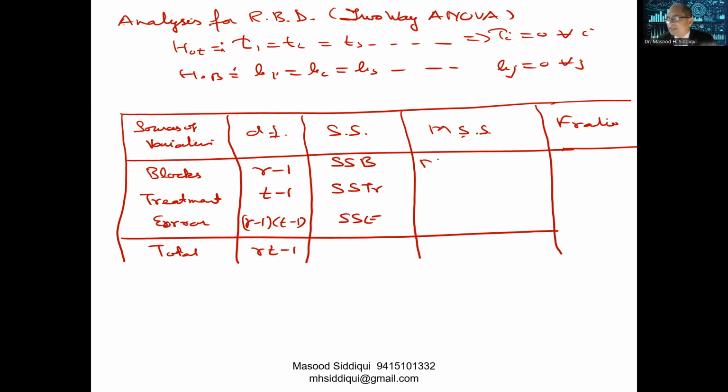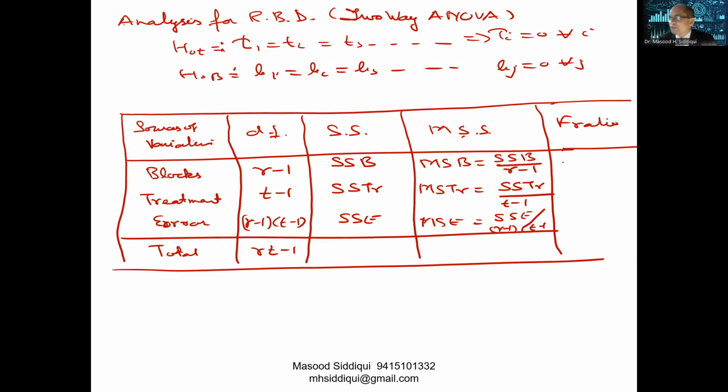And here we can have MSB, that is SSB divided by its degrees of freedom, R minus 1. We have MSTR, that is SSTR divided by T minus 1. The last one is MSE. This is SSE divided by the corresponding degrees of freedom, (R minus 1) into (T minus 1). And for the variance ratio, we have F0T, that is MSTR divided by MSE.